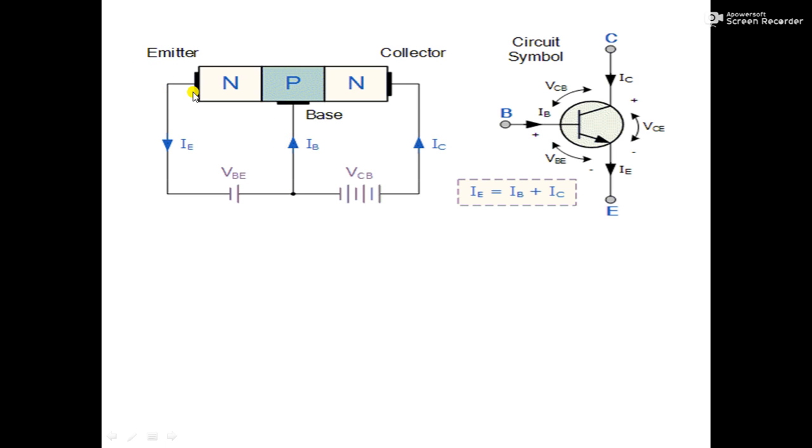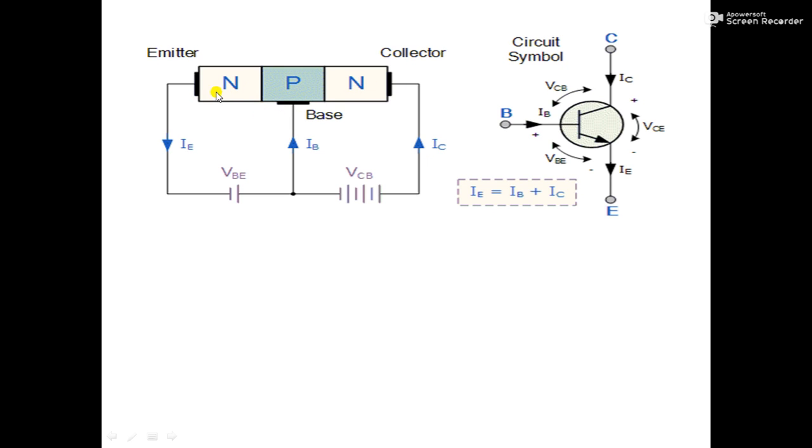The current flowing through the emitter base junction should be carried primarily by the majority carriers from the emitter region, and the majority carriers in the base region flowing from base to the emitter do not contribute to the collector current.